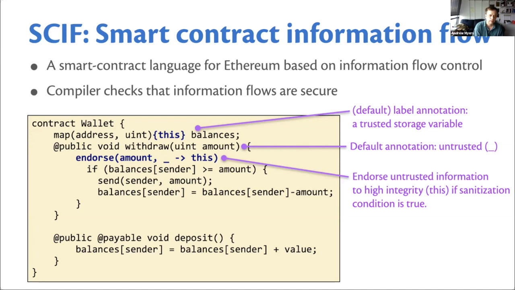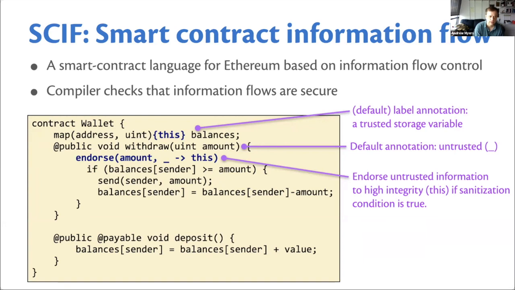And the parameter amount is also untrusted. So in order to allow the amount to affect the balances of users, we have to explicitly say that we have done some sanitization of that untrusted variable.